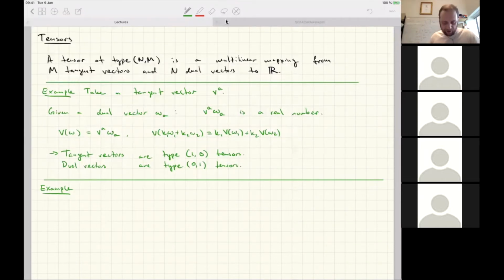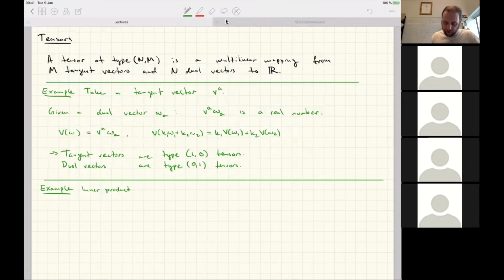The example I was thinking of is, do you know, well, let's work in Euclidean space to start with. Do you know something that takes two vectors and gives you a number? The inner product. The inner product, exactly. So the inner product, that's a tensor, or it's related to a tensor because it's linear and it takes two vectors.